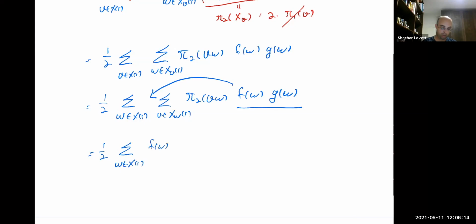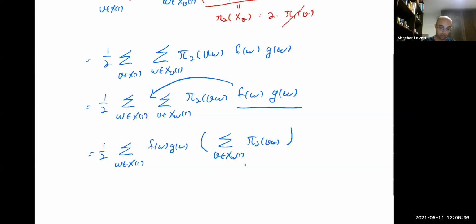Well, this already gets closer to what we're trying to prove. We're trying to just get the inner product of F and G over the whole complex. And now we have an expression where it's the sum over all V in the neighborhood of W of pi2 of VW. Well, what is this expression? We've already seen that.